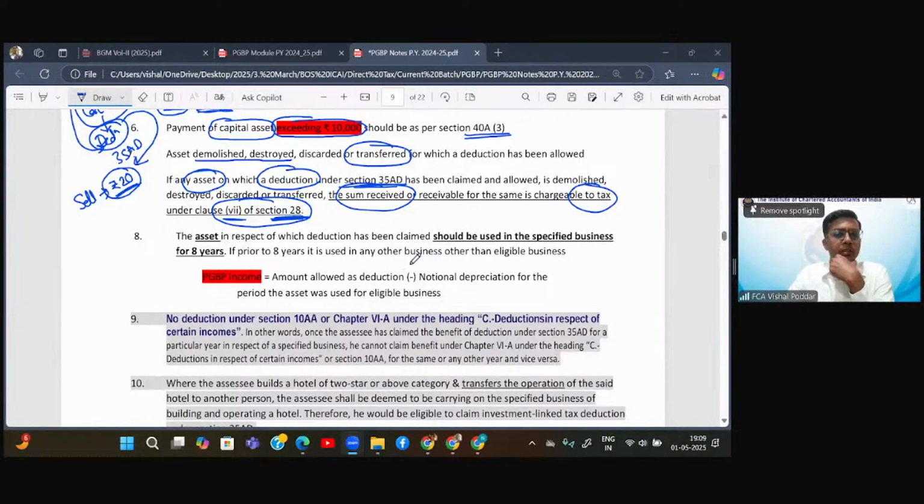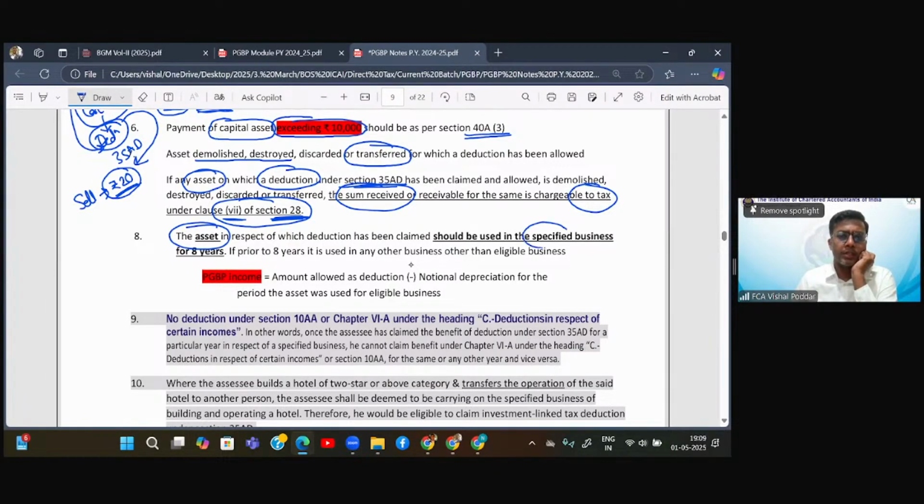Now, something even more interesting. Pay attention. I am under a 35AD business, and the asset I have purchased is for one of these specified businesses. Specified means the names which we studied or the names that keep on updating in that list.